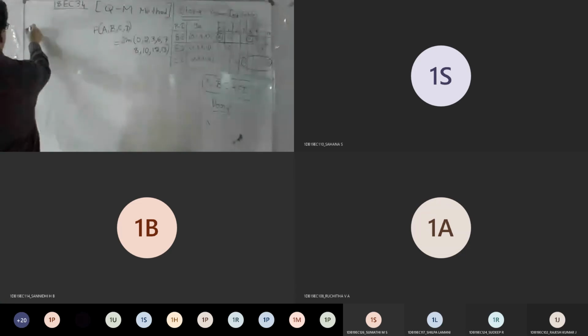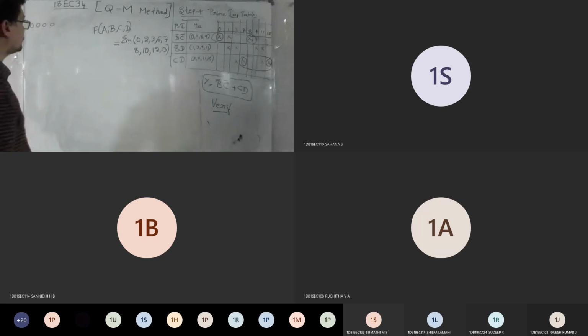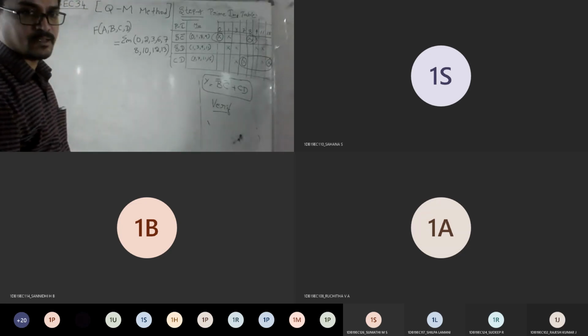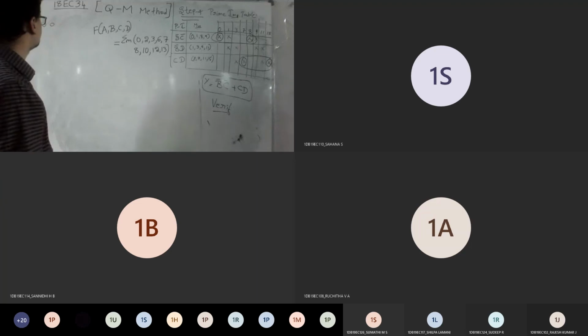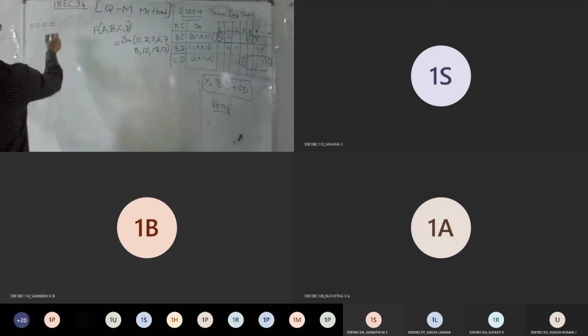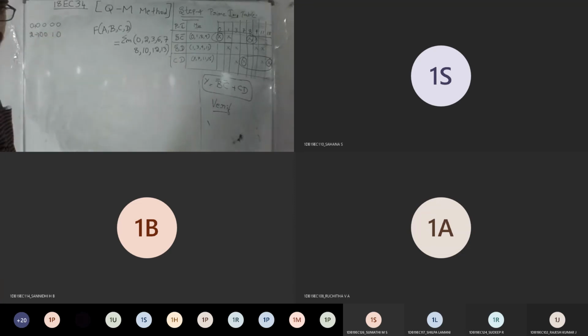What is the equivalent of 0? Since it is a 4 variable problem, you can write 0000 there. Likewise, fill the table after writing the 0 equivalent. Next, 1 is not there, so 2 is 0010, and 3 is 0011.